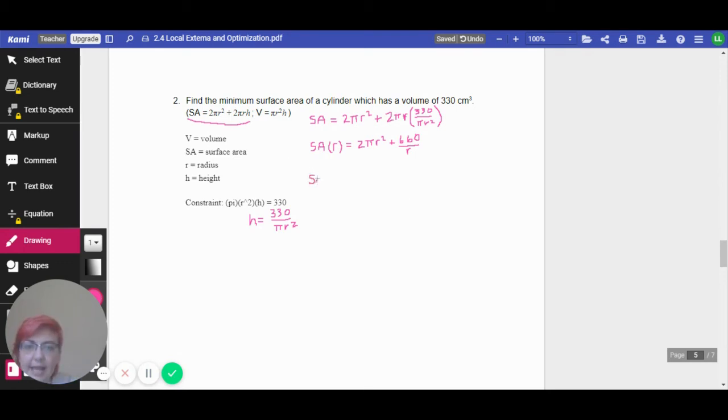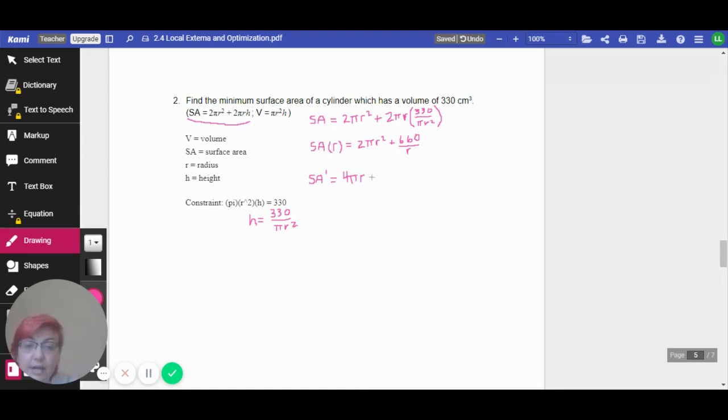So SA prime equals 2 times 2 pi is 4 pi. R to the 2 minus 1 is 1. Now, remember that 660 over r is equal to 660 r to the negative 1.